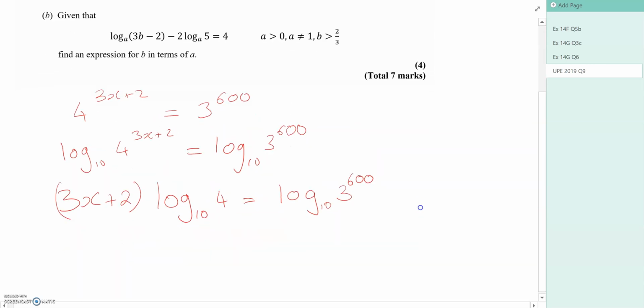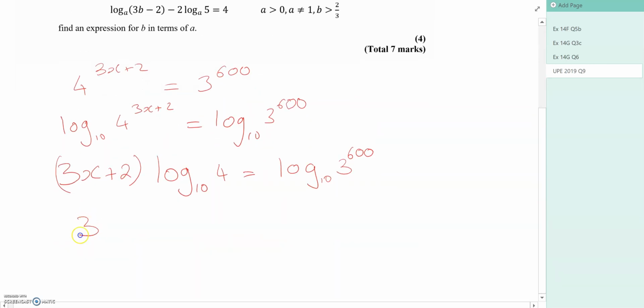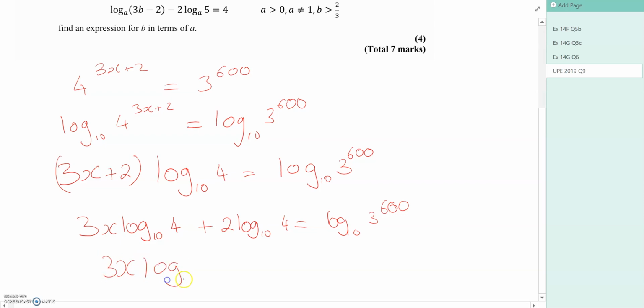And then we need to make x the subject, so if we expand this side, we get that. And then let's take everything to one side. Well, take all the numbers to one side. You've got to remember that 2 log 10 of 4, that's just a number.